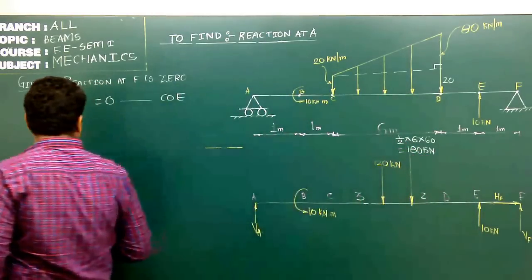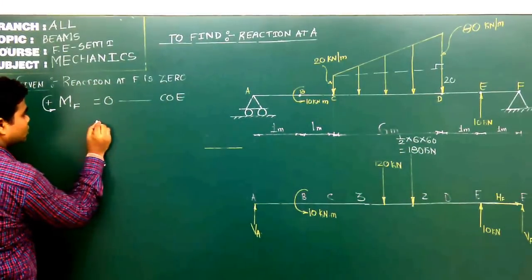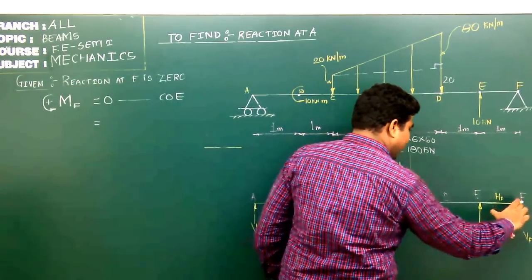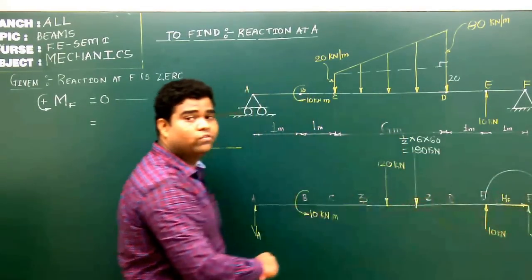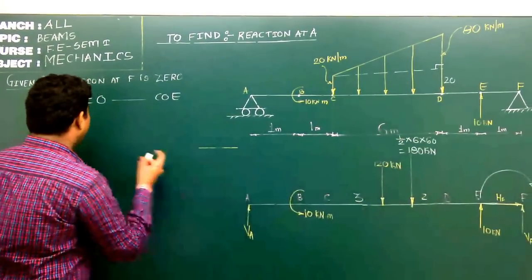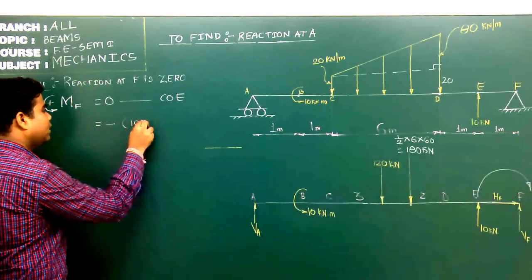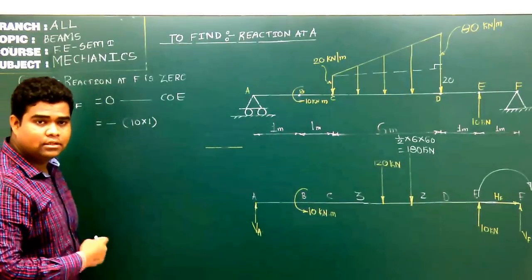So when we take moment at point F, anti-clockwise moment as plus, the first force that is going to turn is 10 kilonewton. With respect to F, 10 kilonewton is going to turn like this, which is clockwise sense. So clockwise we consider as minus. Force is 10 and distance from F is 1. Moment is force into distance.